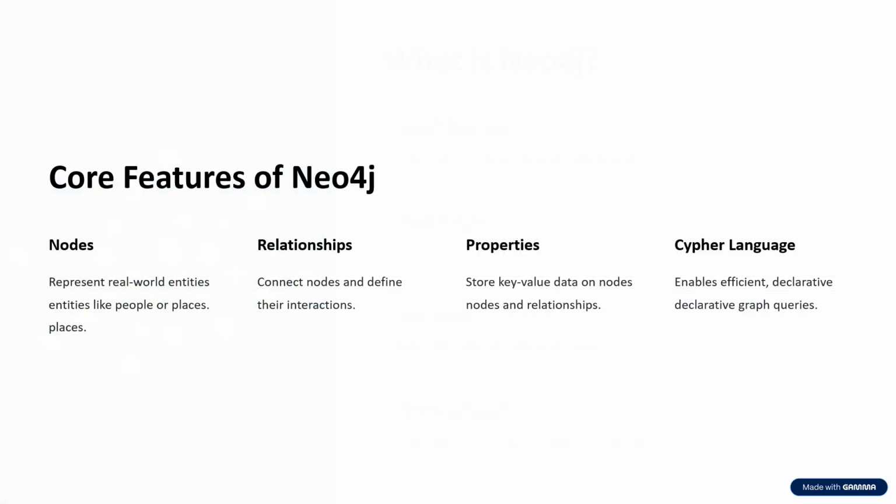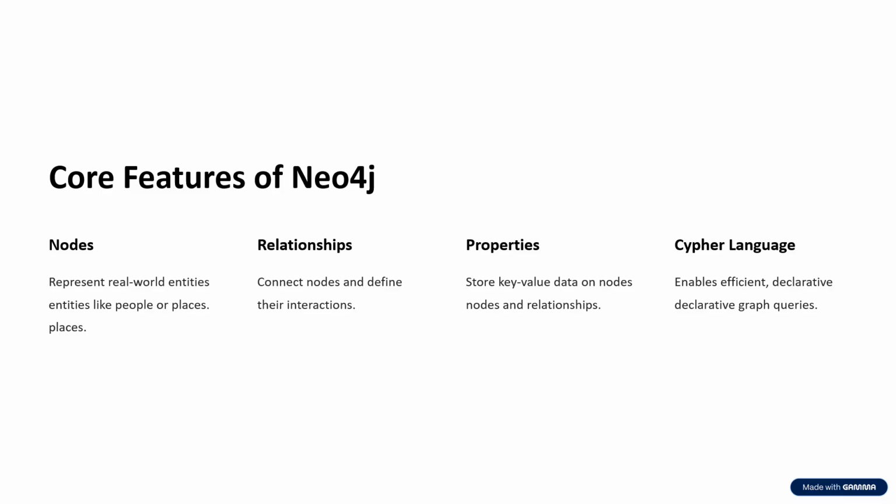So the next, core features. There are some building blocks that make Neo4j powerful, and these are the node, relationship, property, and Cypher language. So first one is a node, which represents a real world entity like a place, person, pen, bottle, etc. All the real world entities are nothing but nodes.